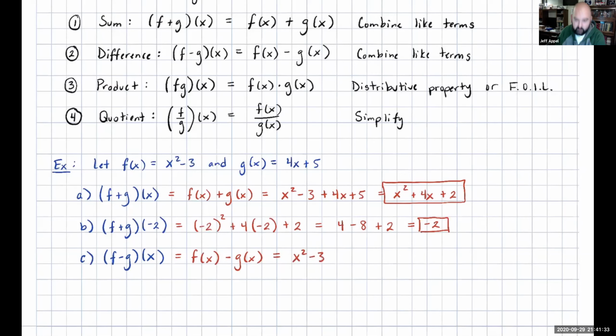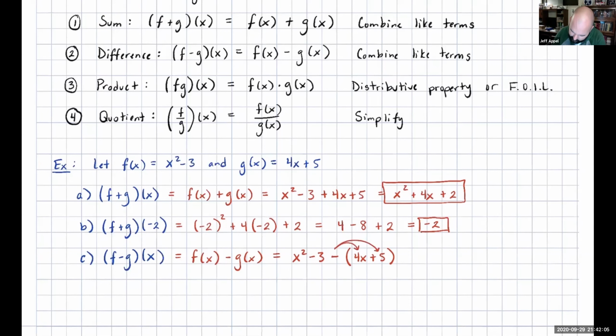So it's kind of starting off exactly the same as part A, but now we're subtracting. But the thing is when we go to subtract g of x from this, we're subtracting all of g of x, not just the first term. So the thing to remember here is some parentheses, and we're subtracting off a 4x plus 5. And the parentheses just remind us to distribute that negative into both of these terms.